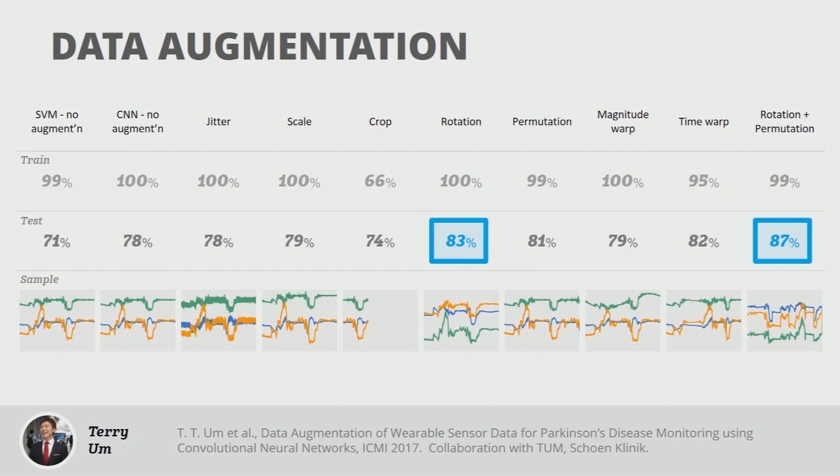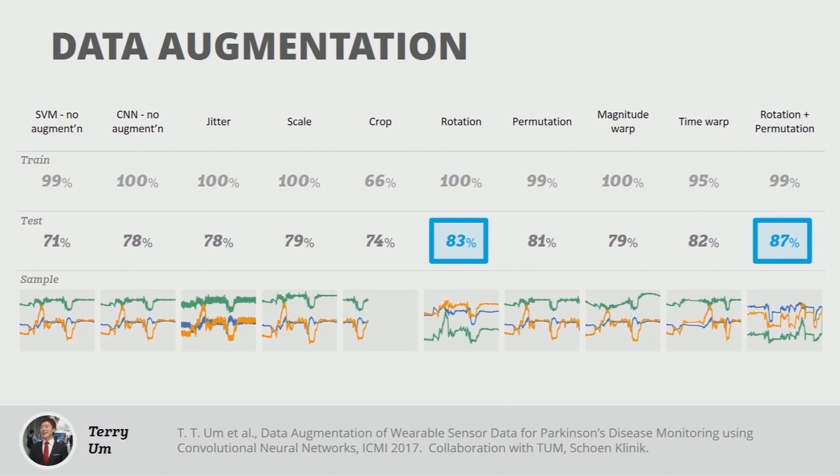So we can improve our classification performance and improve robustness against this placement variability by introducing augmentation with various random rotations. And also by modifying the temporal location of the symptoms, which is generated by the labeler, we can further improve our accuracy and increase the data set size.